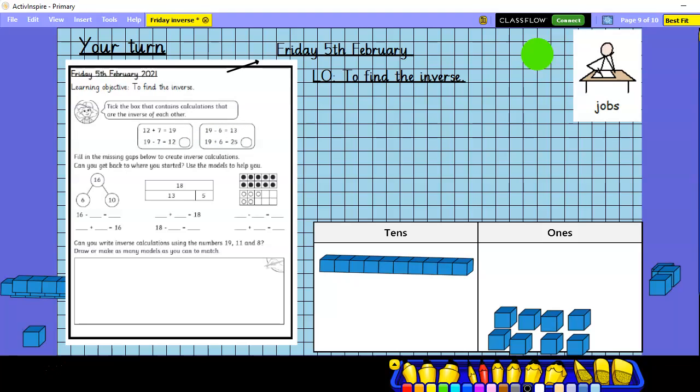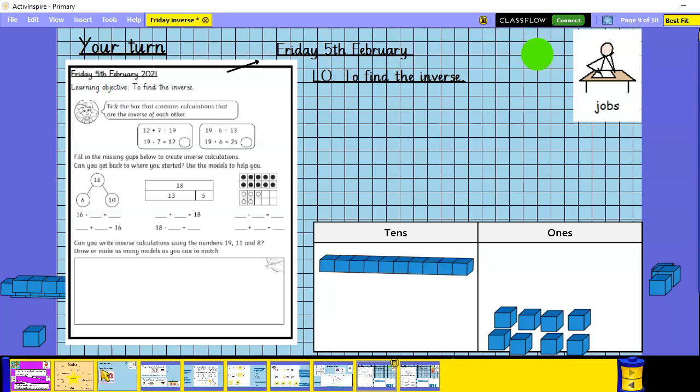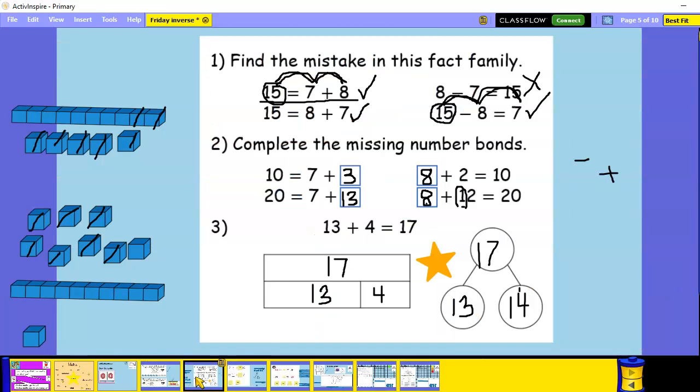And then it says tick the box that the calculations are the inverse of each other. So you need to check them, and if they're correct, you would tick it and cross it if it's incorrect. So for example, let me just go back to here.